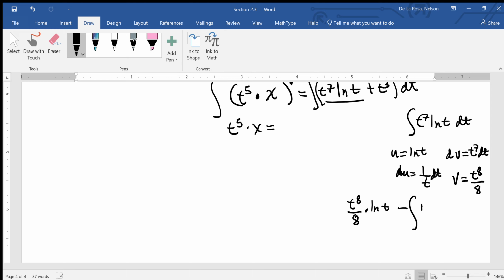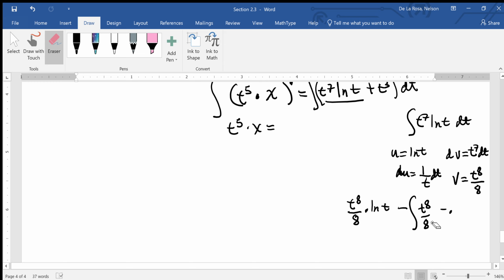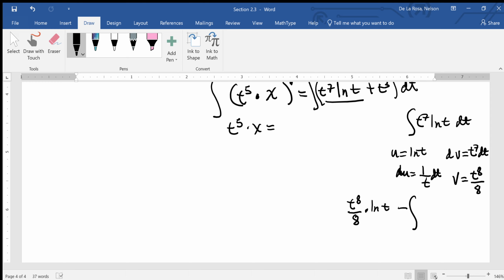That is t to the 8 divided by 8 times 1 over t dt.